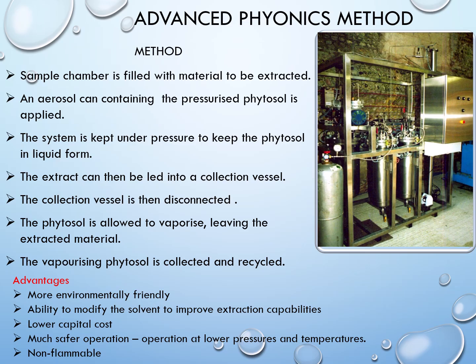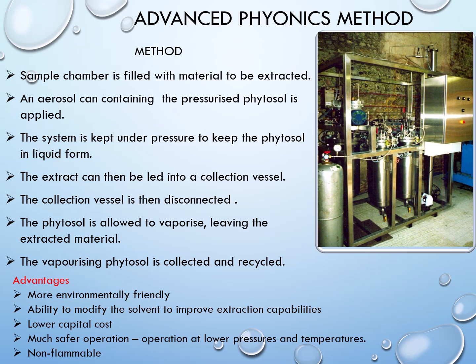So here what we are doing is, we have a sample chamber in which the plant material from which the volatile oil is to be extracted is kept, and there is another aerosol can where we have the phytosol under the pressurized condition, and then we spray the aerosol containing phytosol into the sample chamber.